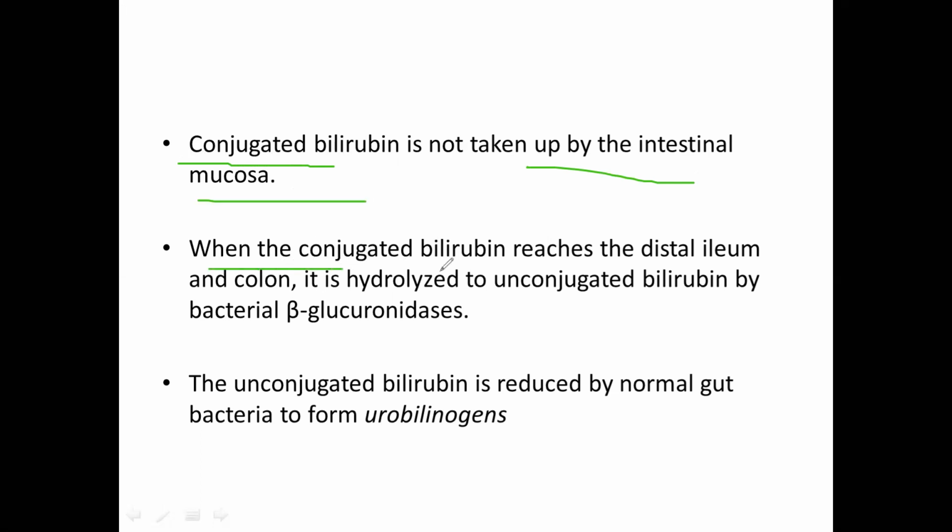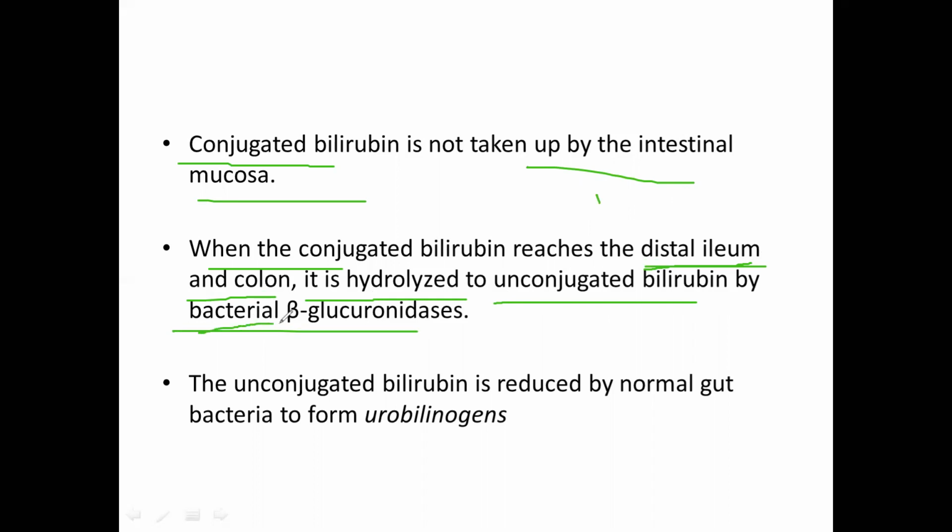When it reaches the distal ileum and colon, it gets hydrolyzed to unconjugated bilirubin by bacterial glucuronidases.